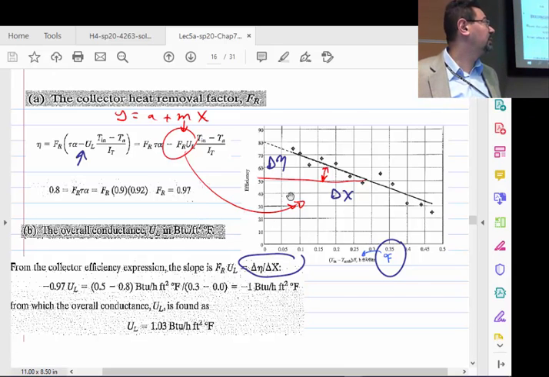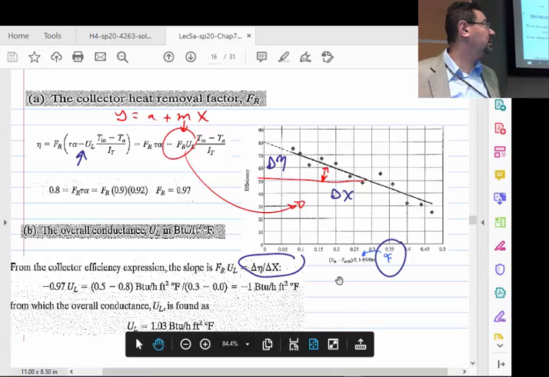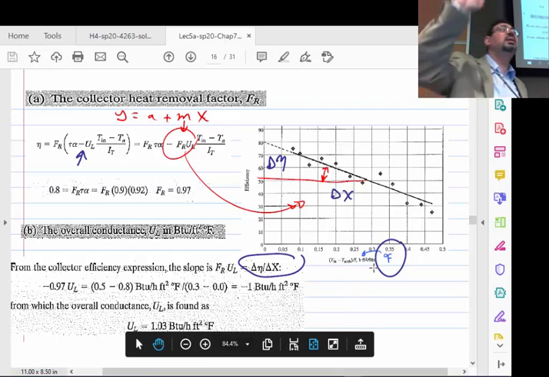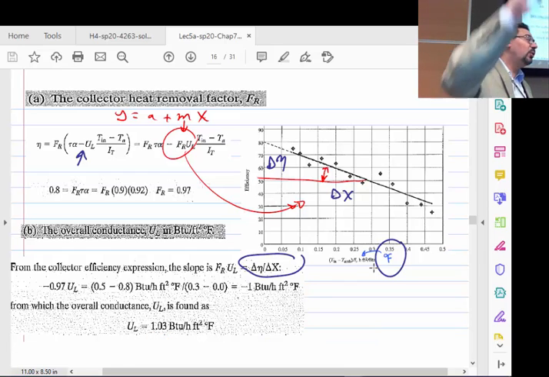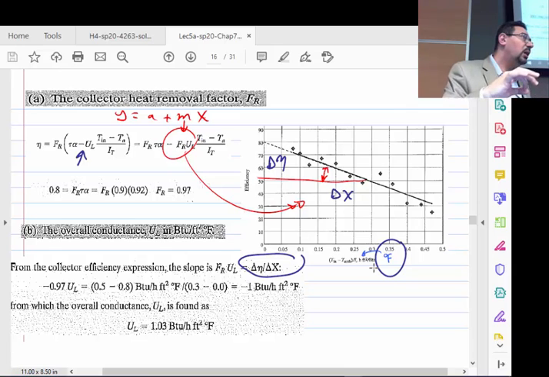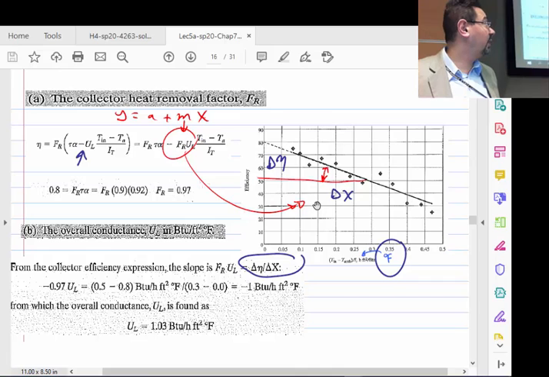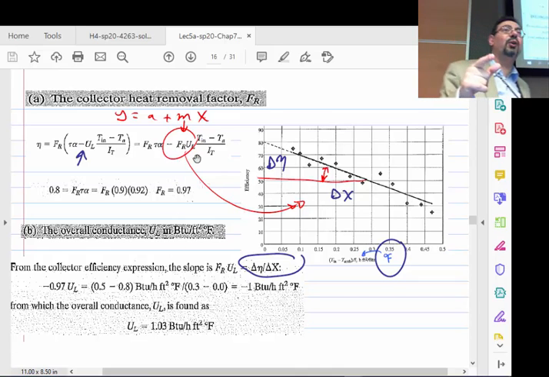But the slope will be this guy over this guy. This guy has no dimension, but this guy has dimension. Why? Because the x-axis is T minus T over I. So that's degree Fahrenheit, or degree Kelvin, over I, which is watt per meter square.